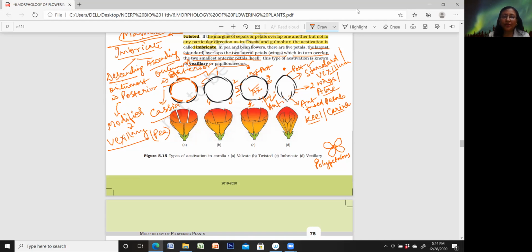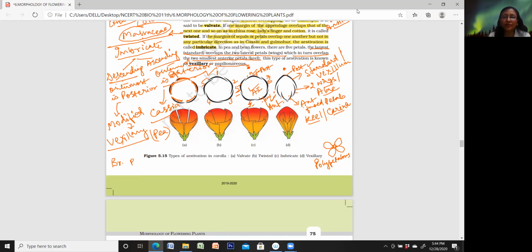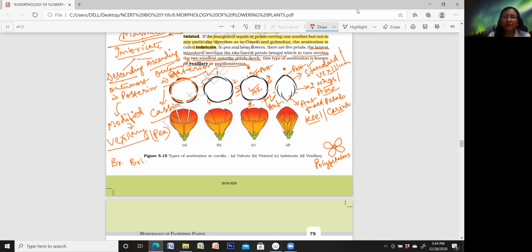As far as the modifications, as we see in NCERT, the modifications as such are not given. But regarding bracts and bracteole, I will mention one, if suppose there's a bract, which you have understood, I think we have discussed already.